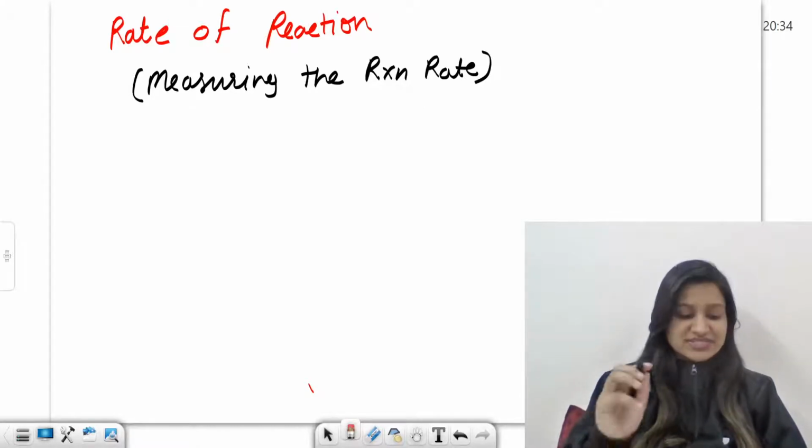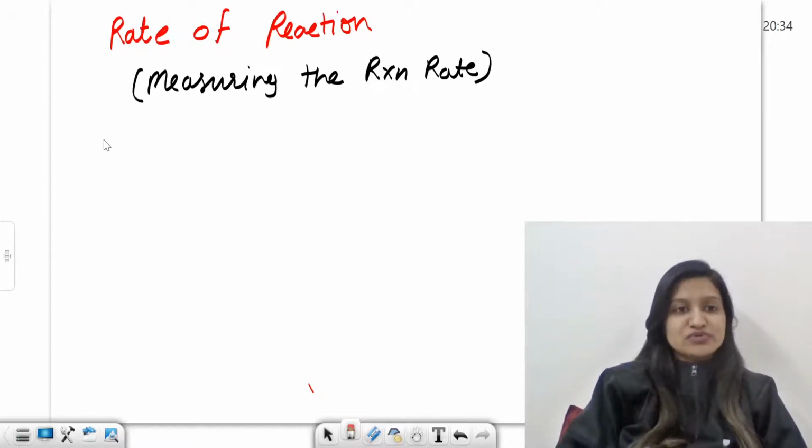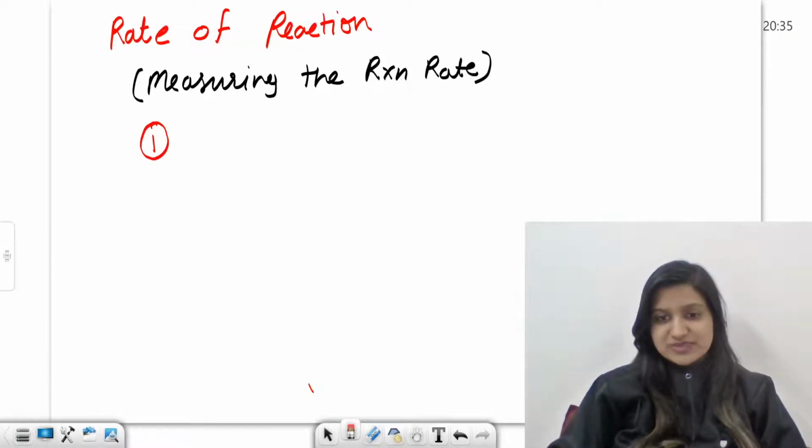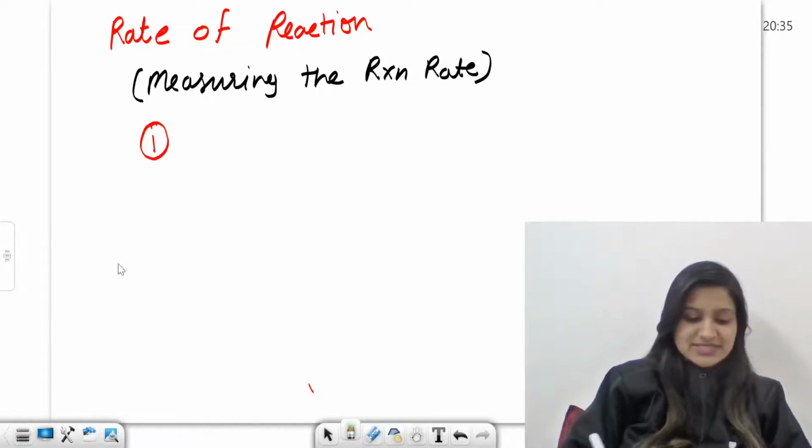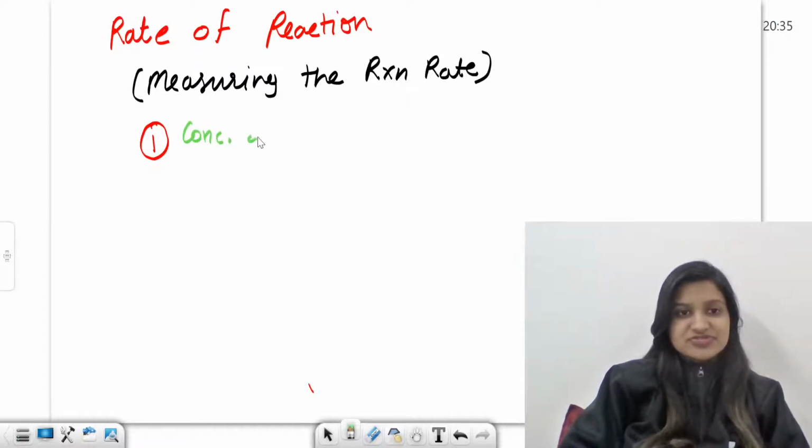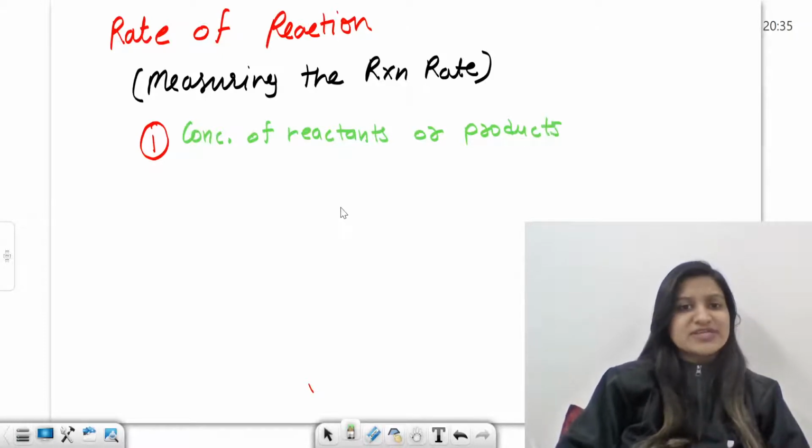The very first thing we are going to deal with is number one, concentration of reactants or products. Quite obvious, no?